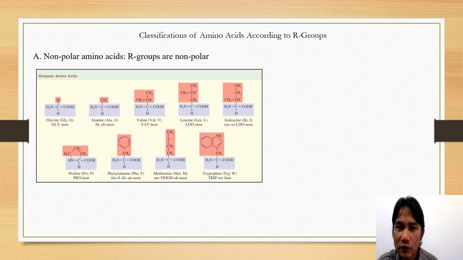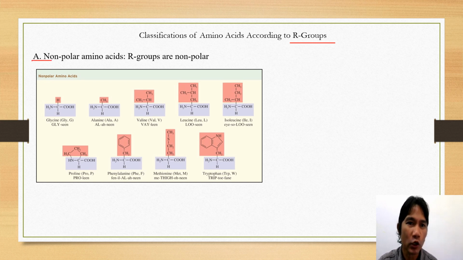The 20 standard amino acids are classified according to the R groups. Remember R groups, these are the rest of the molecule or the side chain. So let's classify them according to the R groups.